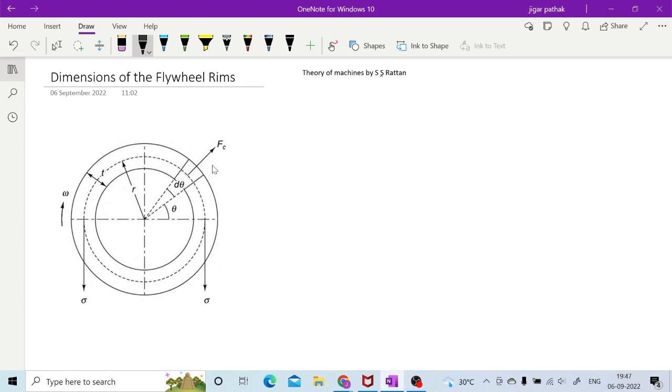If you take that element, then the mass is rho into volume, so rho into r d theta into t, that is the mass. And you know centrifugal force is given by m r omega square.